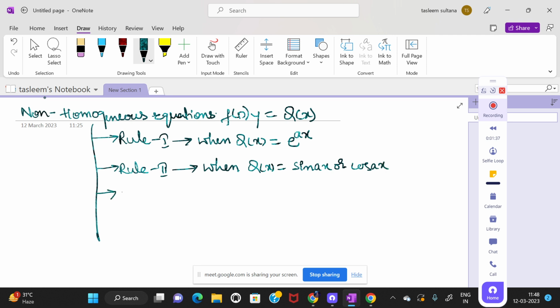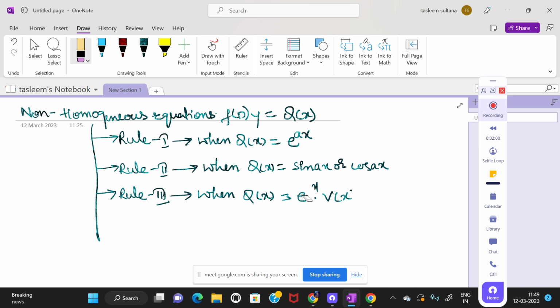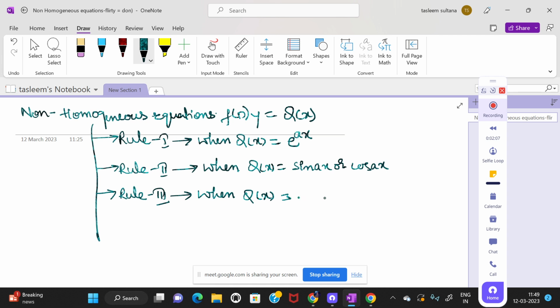Your rule 3 will be when Q of x is in the form of x to the power of k, where k is a constant term.